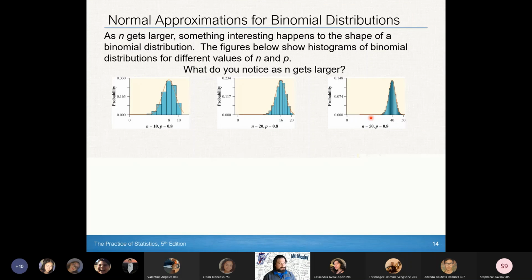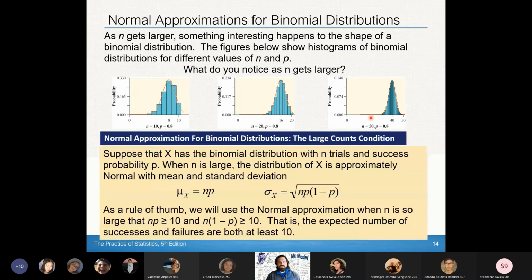That's a nice thing too, because then we get all the tools we use with normal approximations available to us. So we get the normal approximation for binomial distributions, the large counts condition. This is another condition to check for. Suppose that X has a binomial distribution with n trials and success probability p.